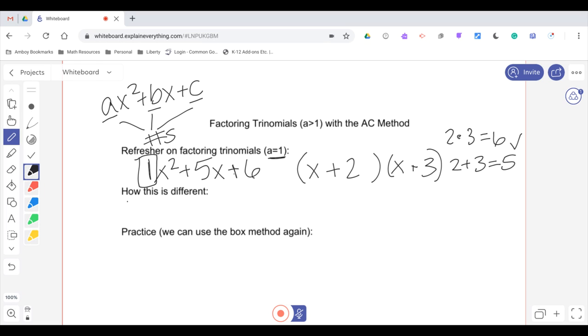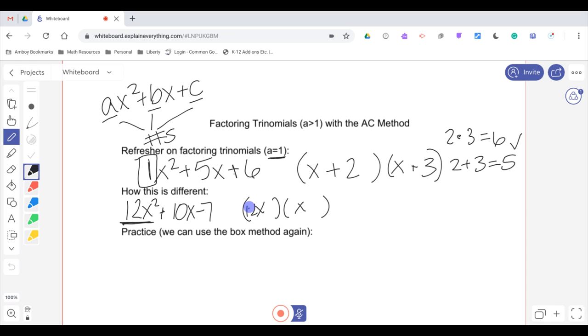So, for example, let's say we had 12x squared plus 10x minus 7. I'm just making stuff up. Because we have that 12 there, when I make my two parentheses, I can't just start off with x and x because now there's a number in there as well. So I'm like, okay, how did they get that number?